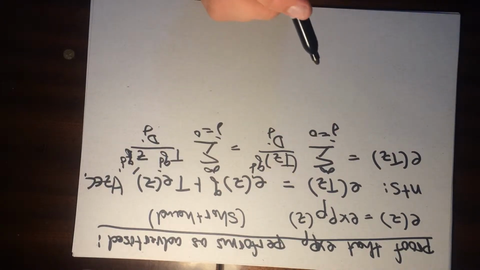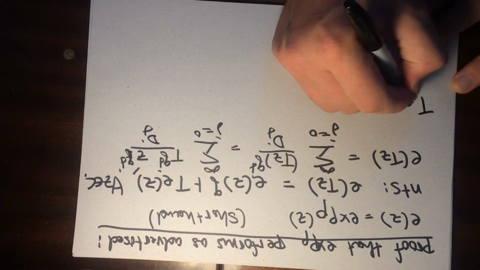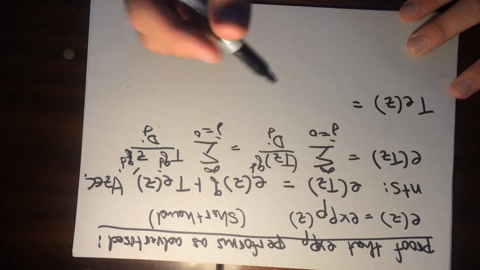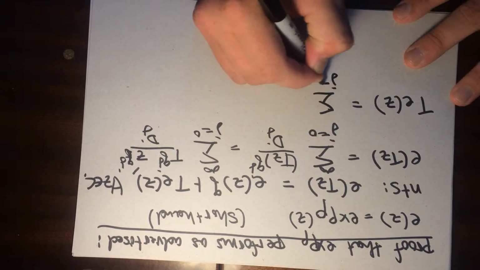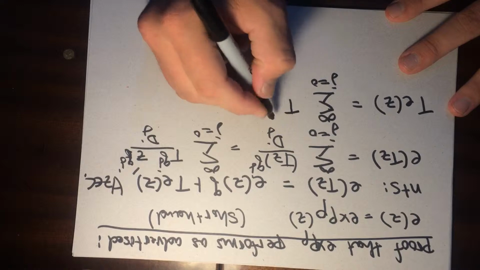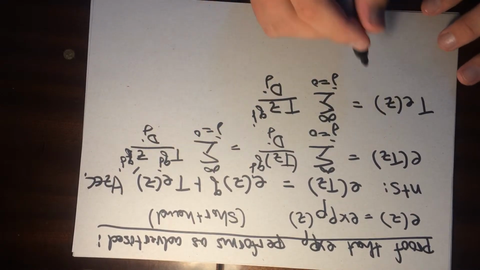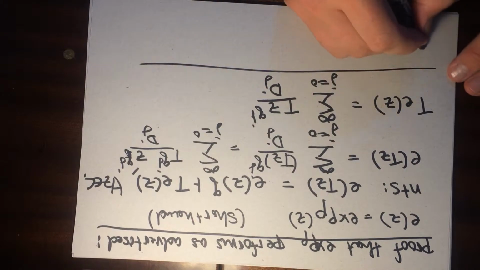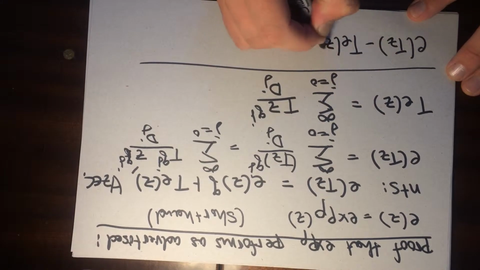and that's one thing. The other thing that we have is T e(z). So this is just, well, this exact same thing: sum from j equal to 0 up to infinity of T times z to the q^j over D_j. So if we subtract these things, we get e(Tz) minus T e(z).